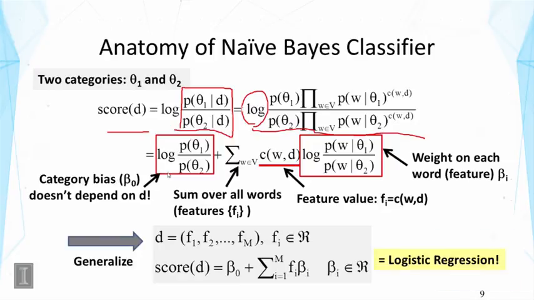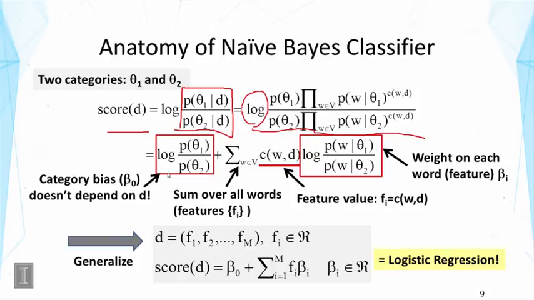Actually, this general form is very close to a classifier called logistic regression. And this is actually one of those conditional approaches or discriminative approaches to classification. And we're going to talk more about such approaches later. But here I want you to know that there's a strong connection, a close connection between the two kinds of approaches.